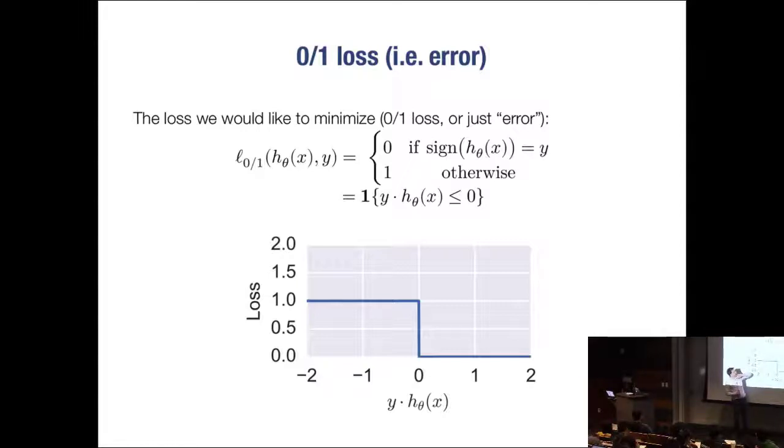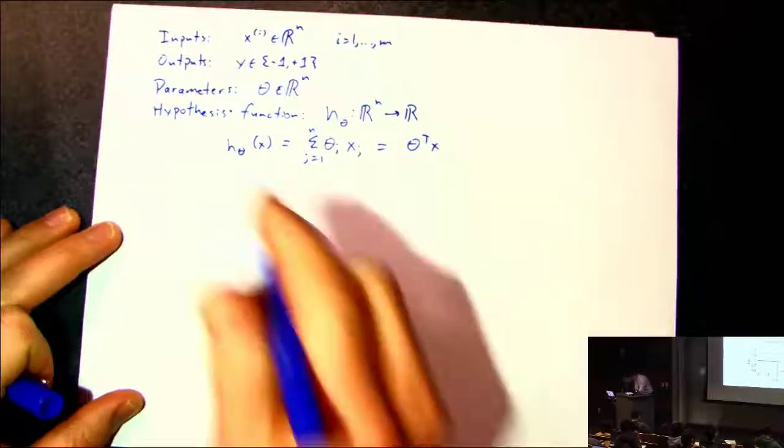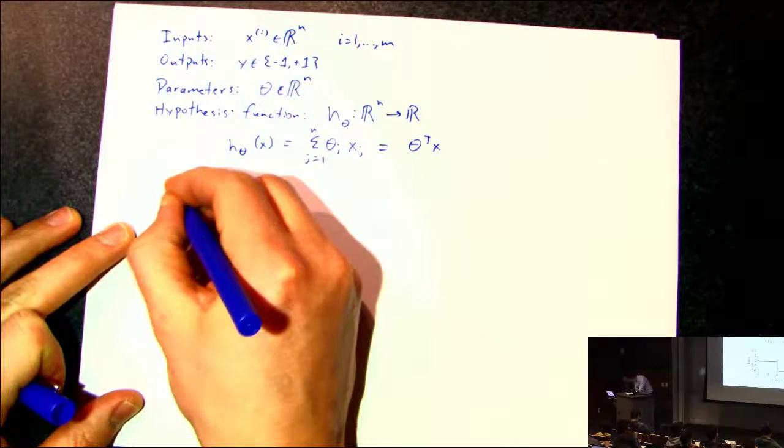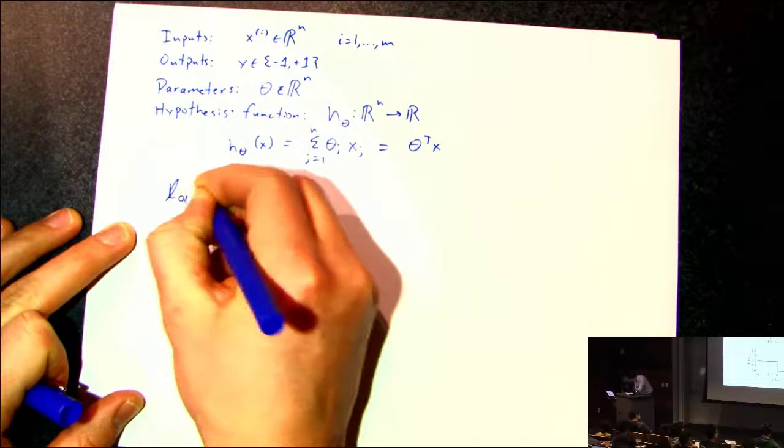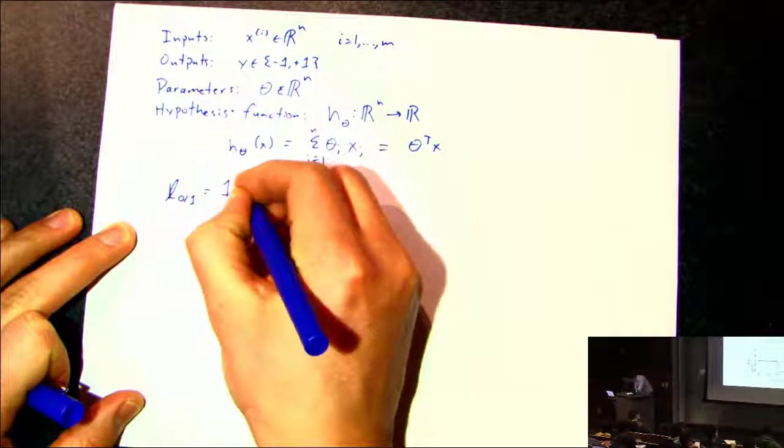The only thing I want to emphasize here is that you think of it naturally written in the first way: 0 if the sign is equal to that, 1 otherwise. But I'm actually going to write it like this, as the 0-1 loss. It is the indicator.